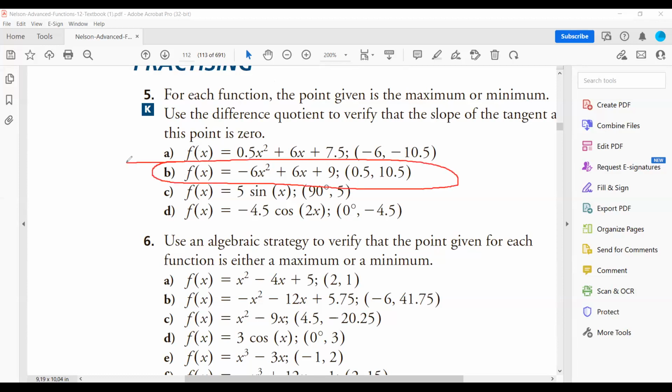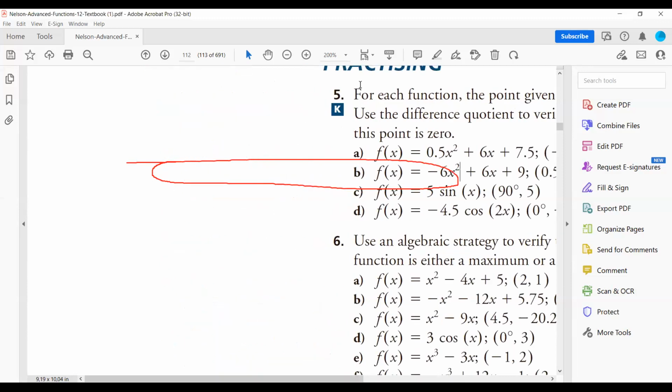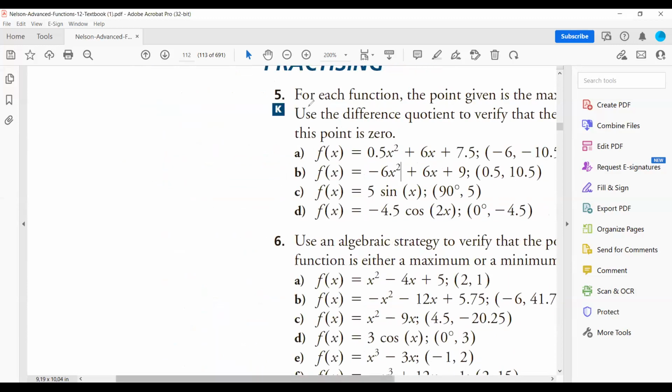I'm gonna solve B, just an example. So we have the rate of change formula.